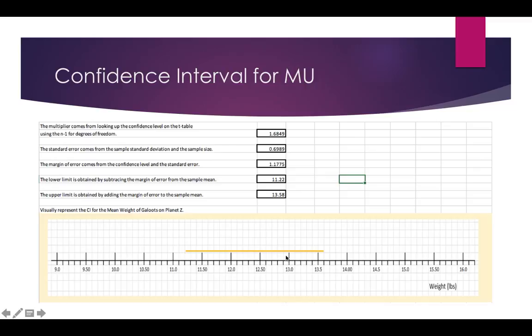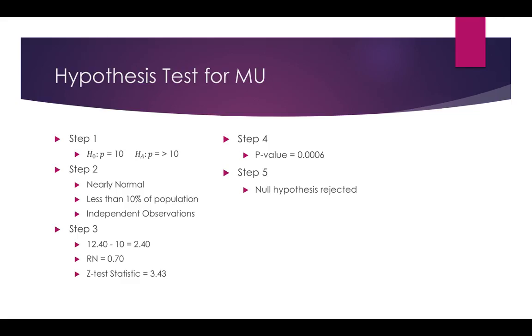So what this is telling us is that 95%, the true mean of the weight of the galoots, falls between 11.22 and 13.58 pounds.